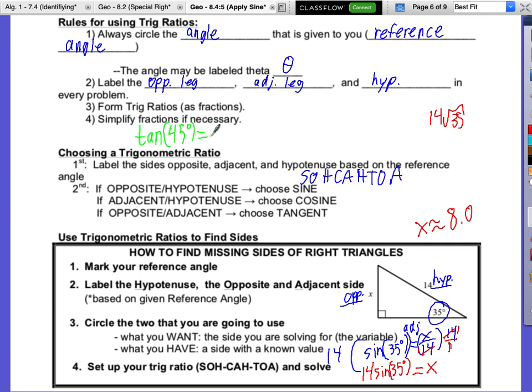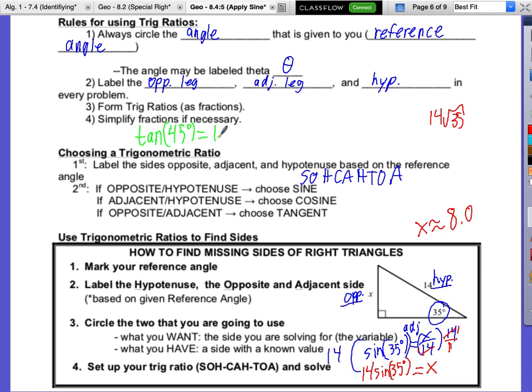Oh wait, still using this triangle? No, just in general. Plug it into your calculator. Tan 45. Oh, it's just one.